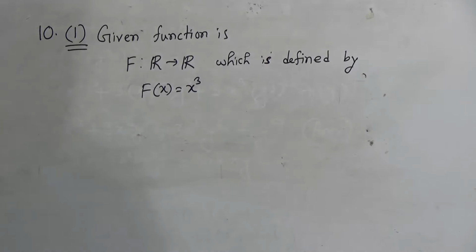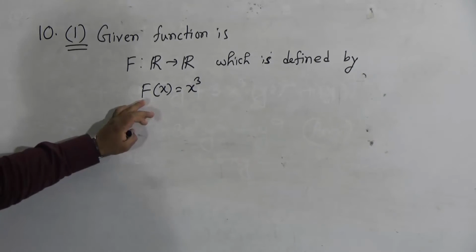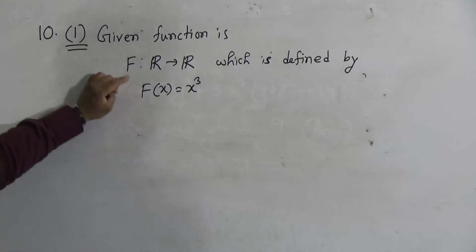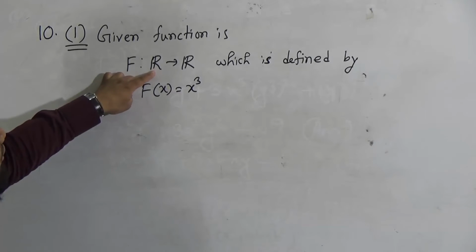Now my dear students, we need to find out the domain of this function. Already it is clear that the domain is the real number, because by the definition we know that from which number is our domain.